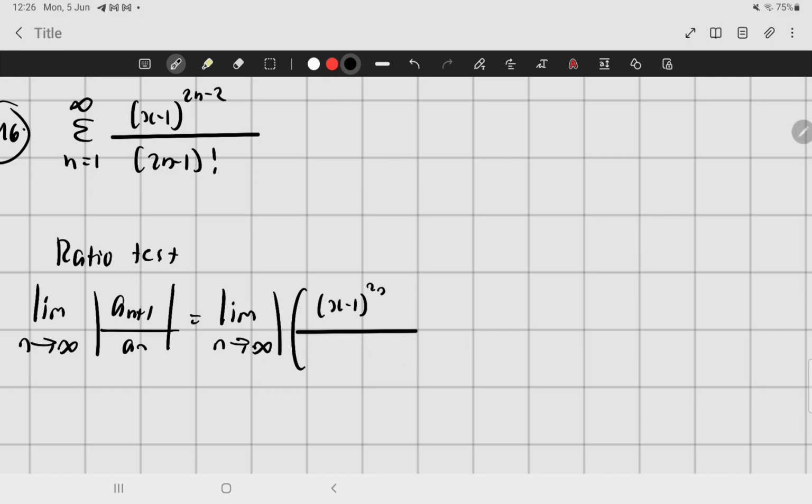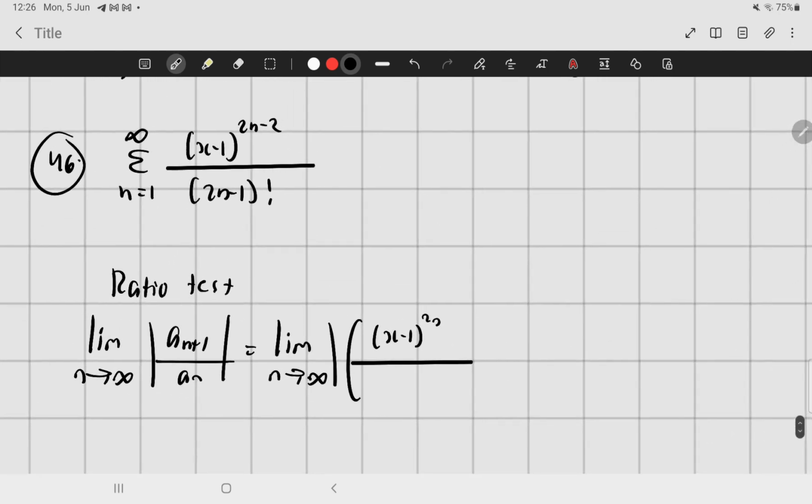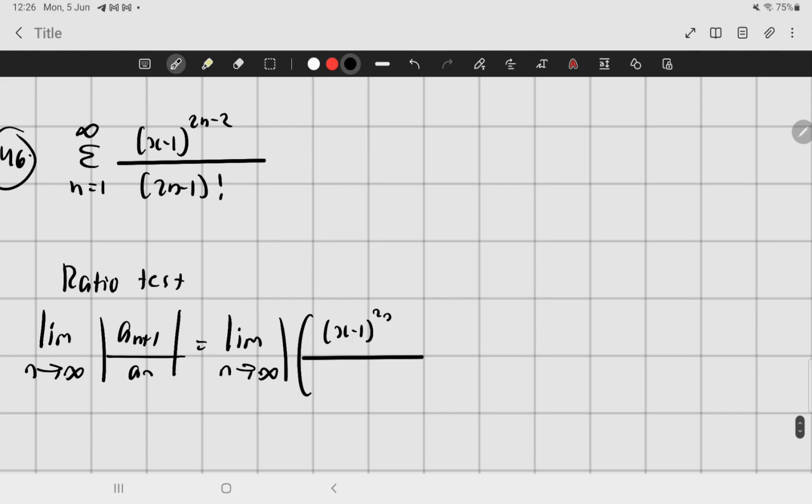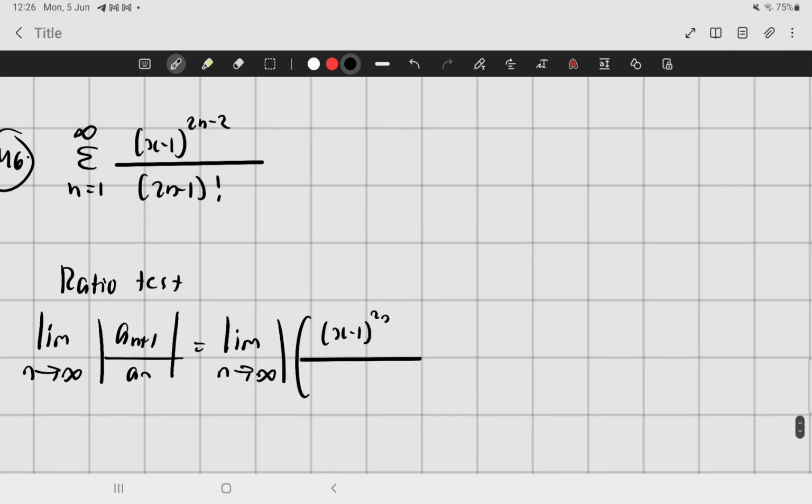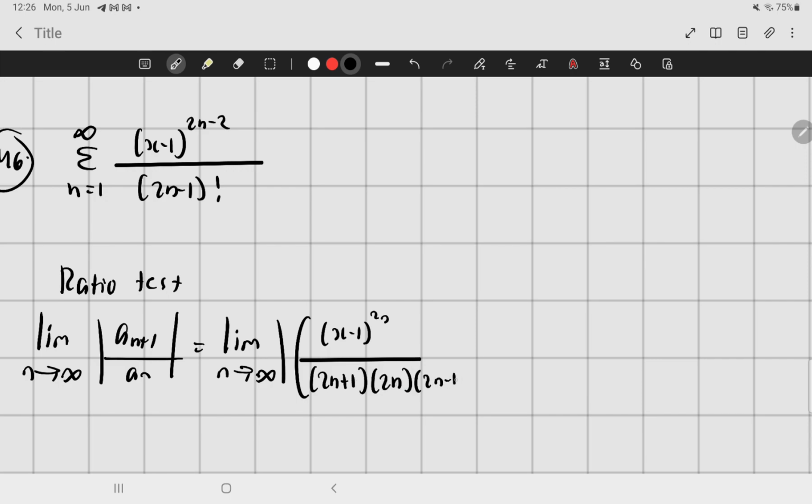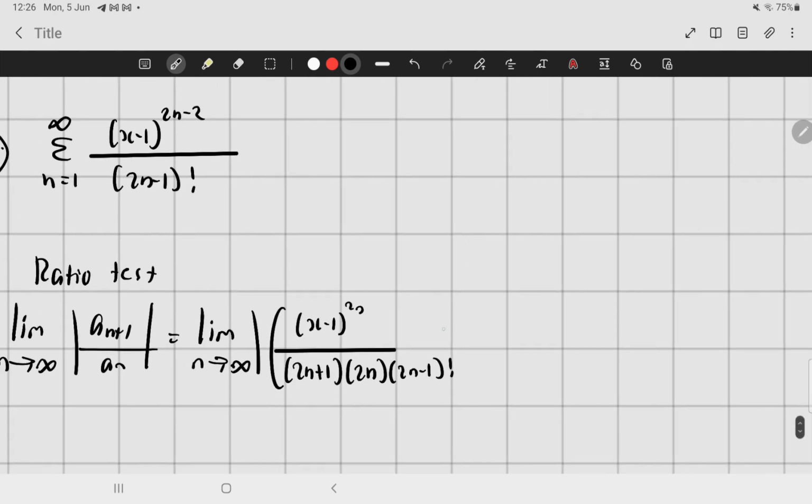The bottom part I can express like this, 2n plus 1. And then this one will be (2n minus 1) factorial divided by (x minus 1) to the power 2n minus 2.